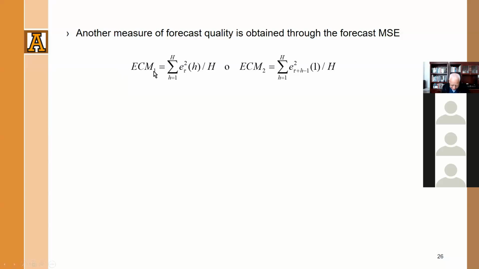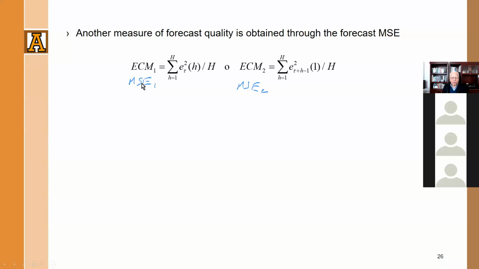I'm going to change that later. This is the mean square error for the first model, for the dynamic, and this is the mean square error for the static. In either case, it's just the squares of the errors divided by the number of errors that we are considering in that measure.